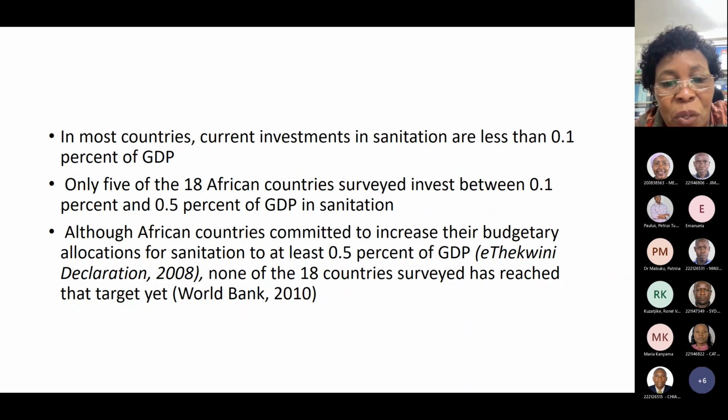This report continues to inform us, the World Bank report, that although African countries were committed to increase their budgetary allocations to sanitation to at least 0.5% of GDP, and this is from the eThekwini Declaration, you can Google it, none of the 18 countries surveyed had reached that target.